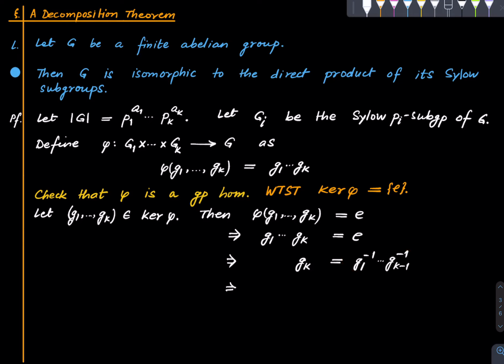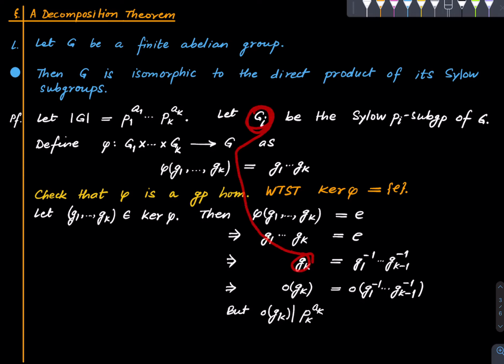So this implies that the order of gk is equal to the order of that product. But the order of gk divides pk to the power ak. Why is that? gk is an element of Gk, so the order of gk should divide the cardinality of Gk, which immediately implies that.